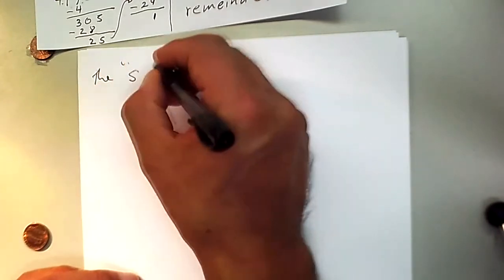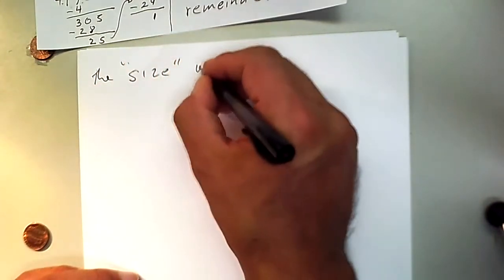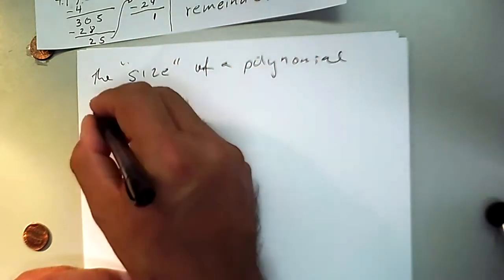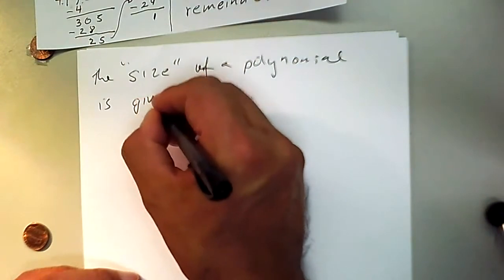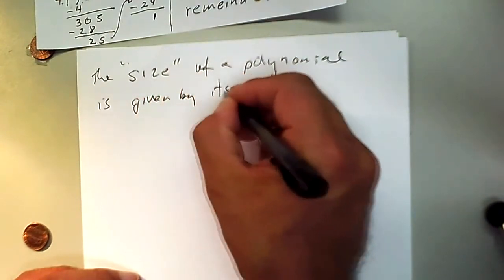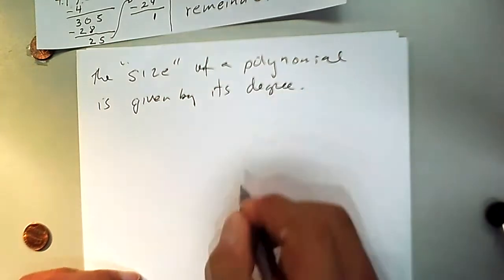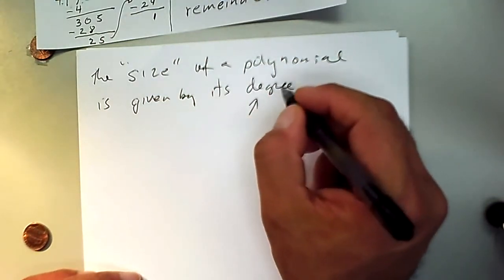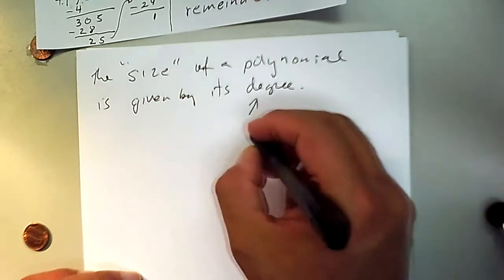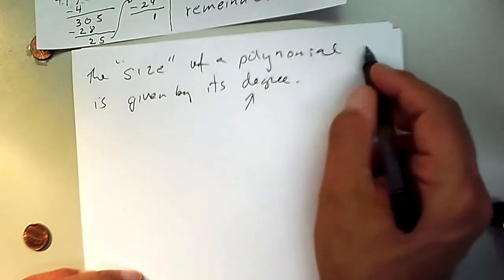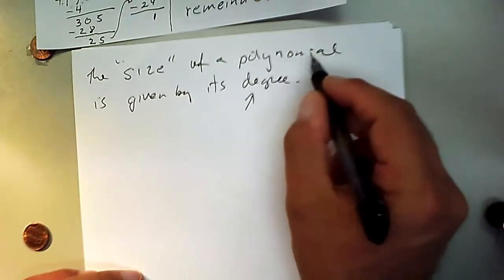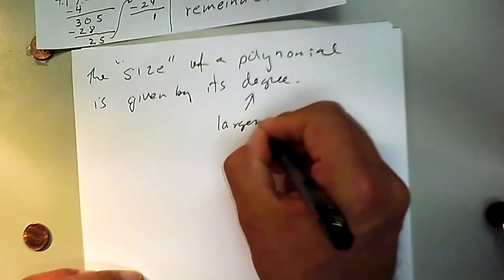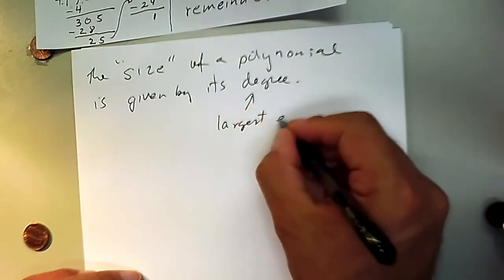The, in quotation marks, size of a polynomial is given by its degree. And what do we mean by degree? Degree is the largest exponent of a variable, in a polynomial of one variable. So degree means the largest exponent.